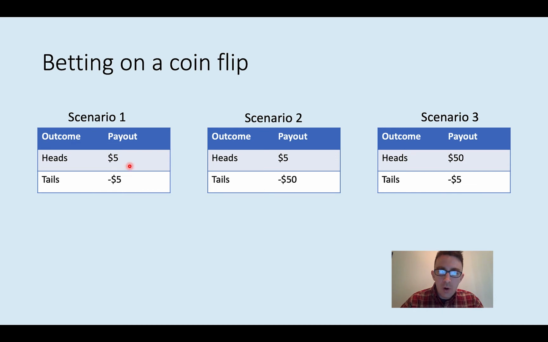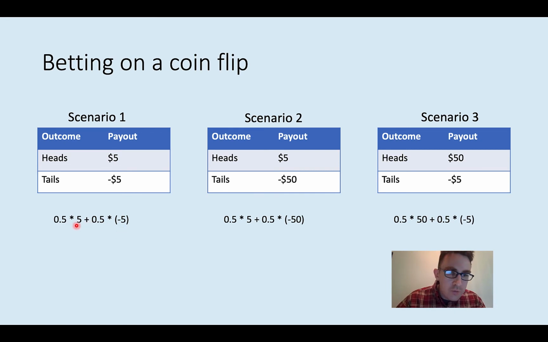Then we have our payout values, which are the values we're trying to get an expectation of. To compute the expected value, we multiply each possible value by the probability of that value occurring, and then sum those up so that we get a weighted average.